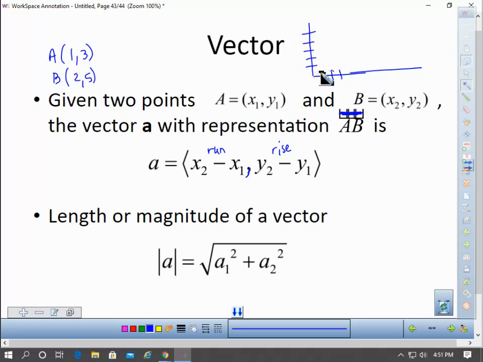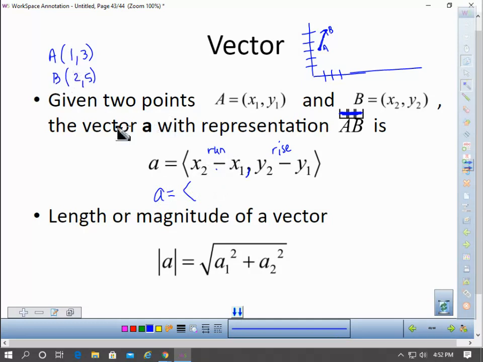So I'm going from the point (1, 3) to the point (2, 5). So there's my distance right there. There's my segment A to B. All right, so there's my segment. It doesn't start at the origin. I'm going from A to B. I'll even put an arrow going from A to B. Okay, so now to represent my vector A, I would do x2 minus x1.